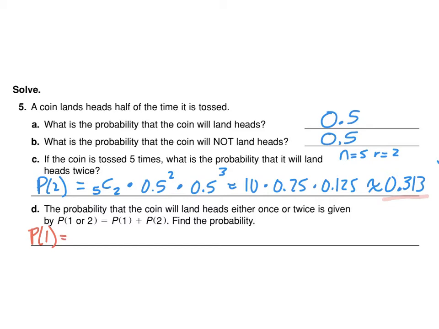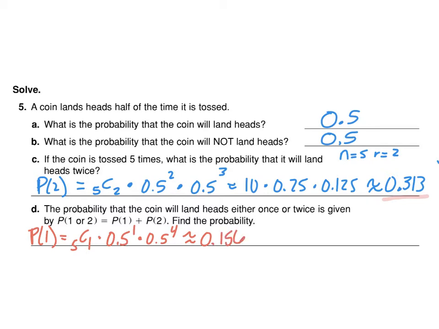P1 is going to be 5C1 times 0.5 to the first power, because there's only one success, times 0.5 to the fourth power, because those are the failures. I computed that already, and that was approximately 0.156.